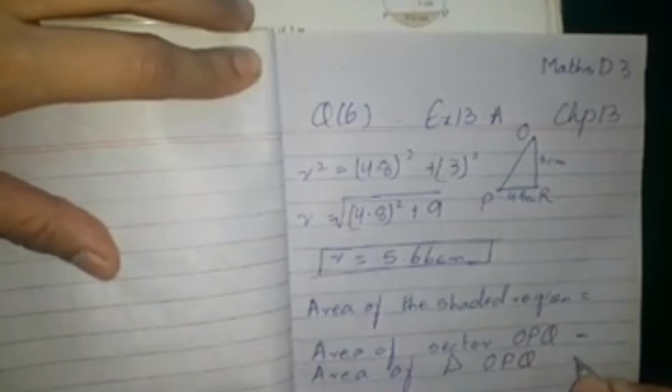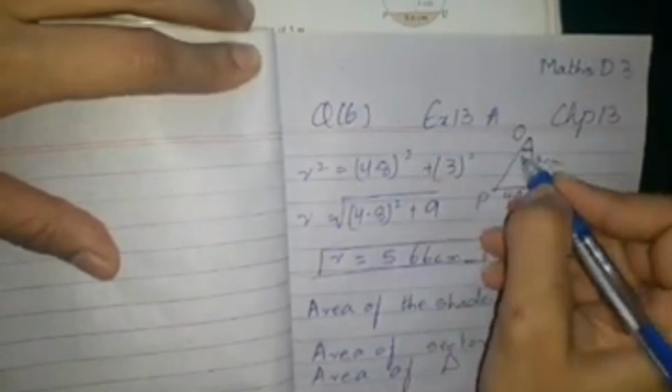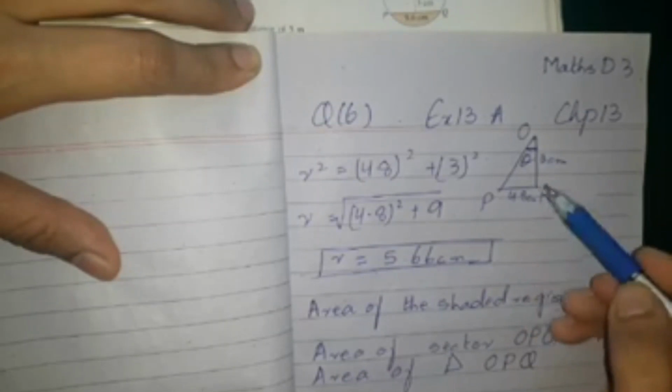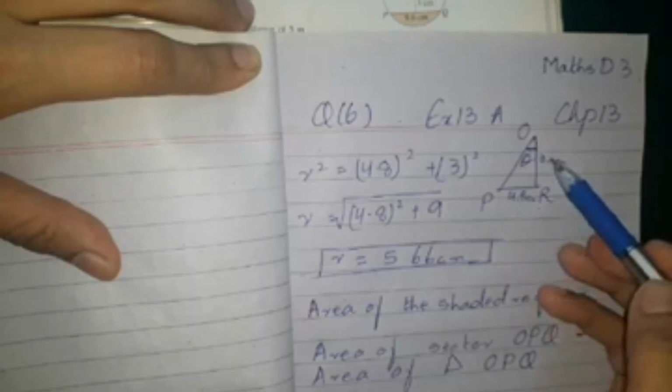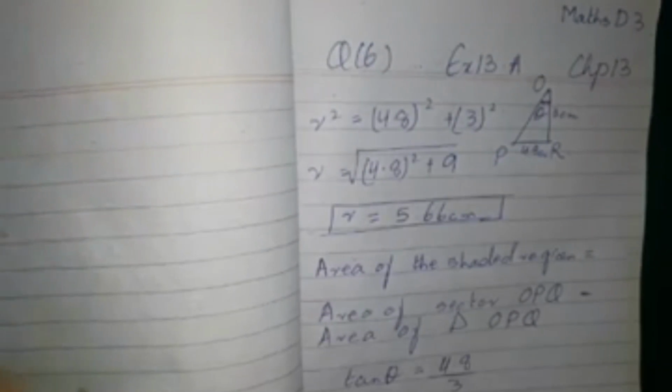For this we need to find out this theta. So how can we find out? Tangent theta is equal to perpendicular upon base, 4.8 divided by 3.